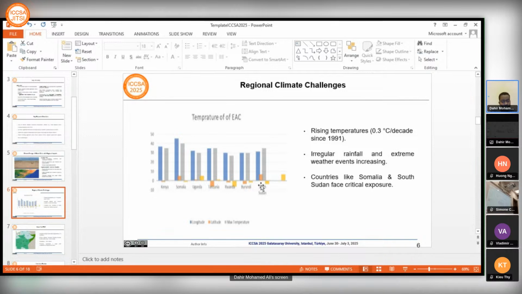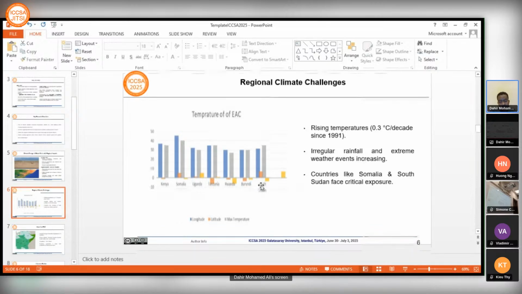Some countries in the East African community, including Somalia and South Sudan, face particular vulnerability due to their fragile ecosystems and social and political challenges.